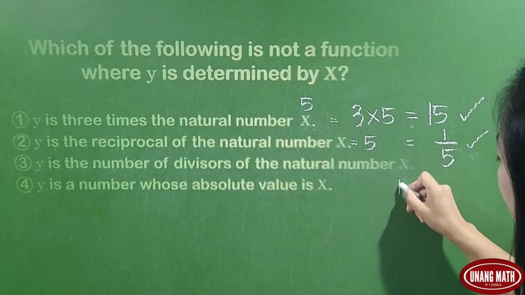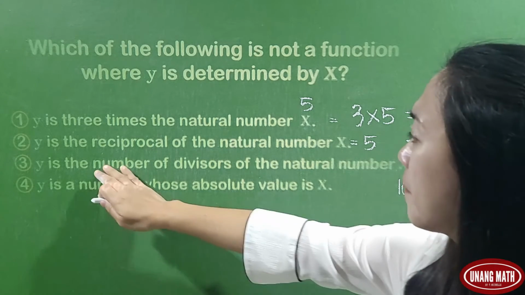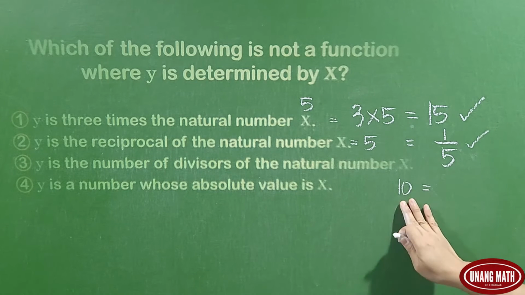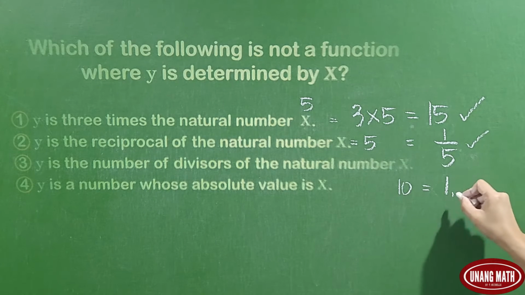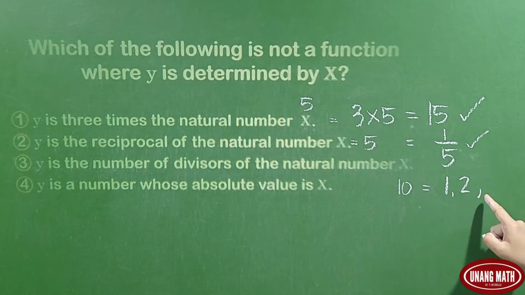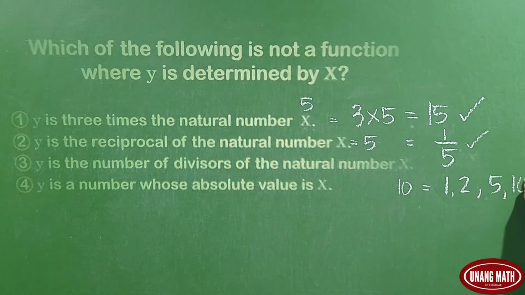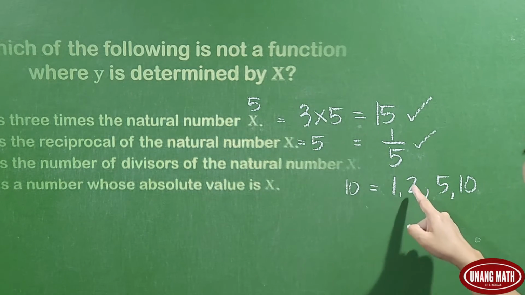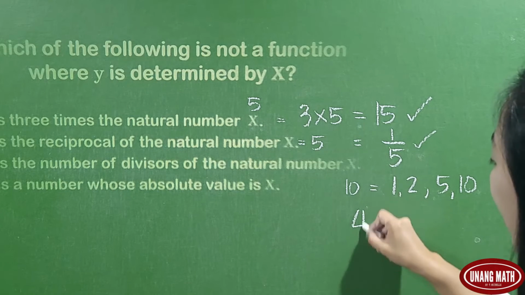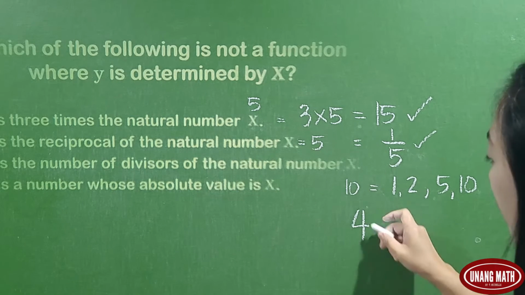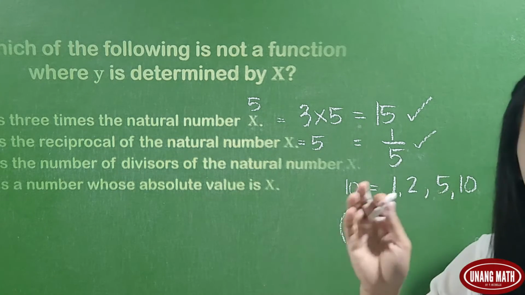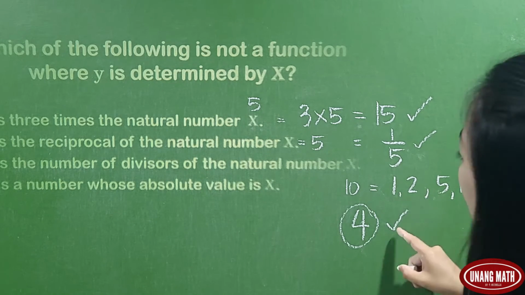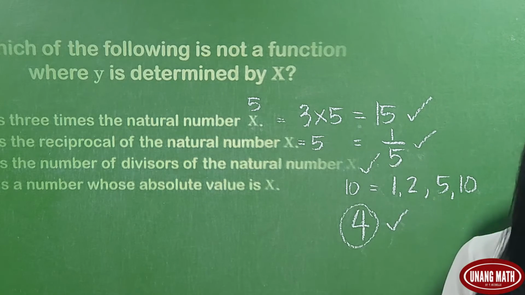If x is 10, what are the divisors of 10? We have 1, 2, 5, and 10. The number of divisors is 1, 2, 3, 4. So the answer here is 4, and 4 is just a single number, or a unique value of y. So this is also an example of a function.